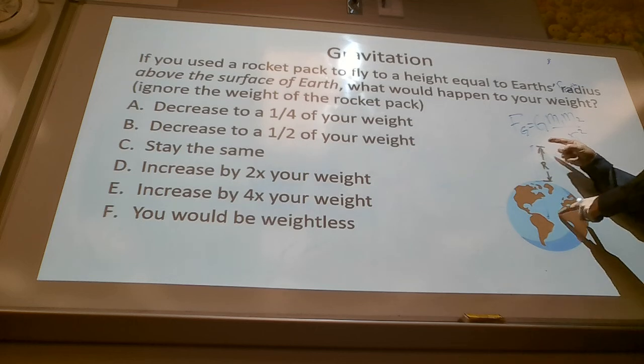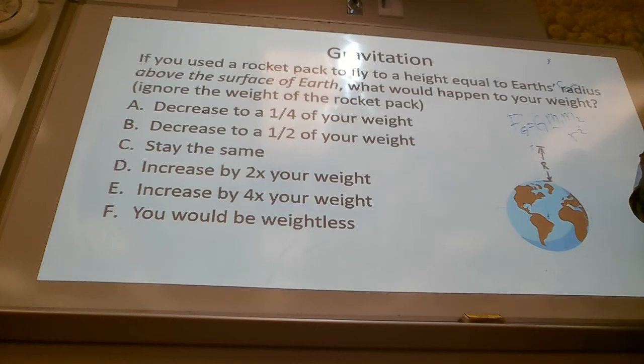It's the distance between the centers. Good there? So when we did this, we essentially doubled the distance of separation. Because this is squared, it becomes a fourth. Good? How are we doing there?